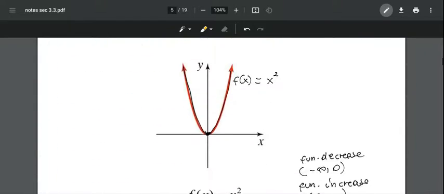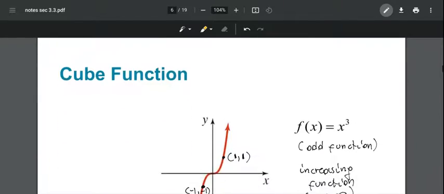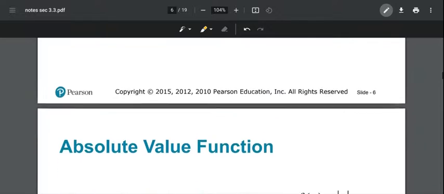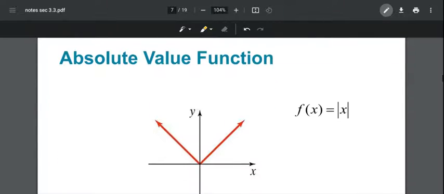Next, after the cube function, the absolute value function. The absolute value function is definitely an even function. We see the y-axis symmetry, and this function is also decreasing: when x is getting larger, the y value is getting smaller.